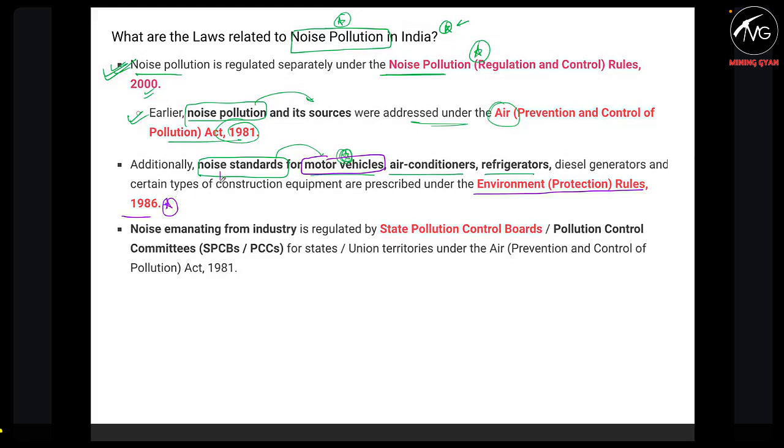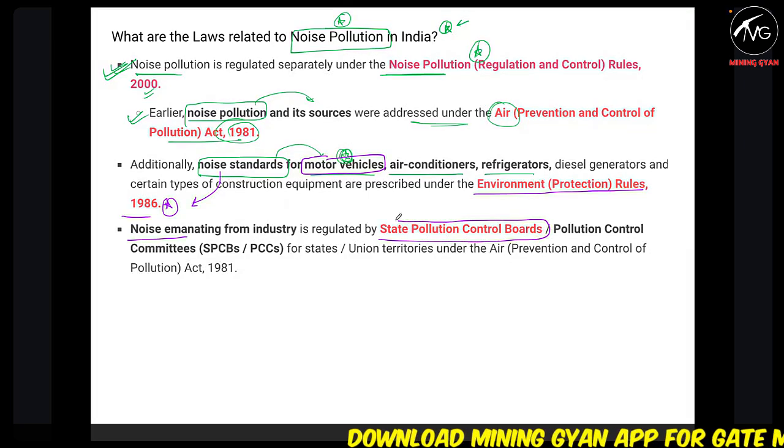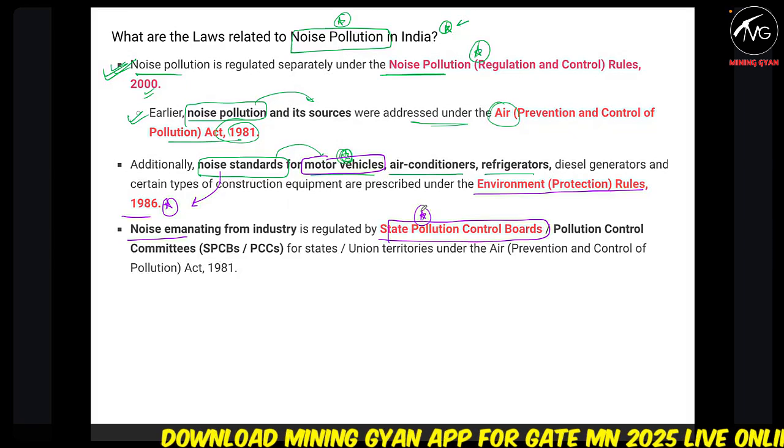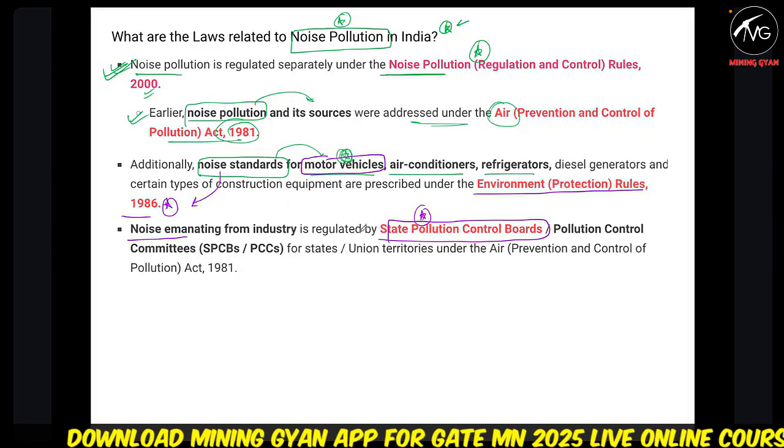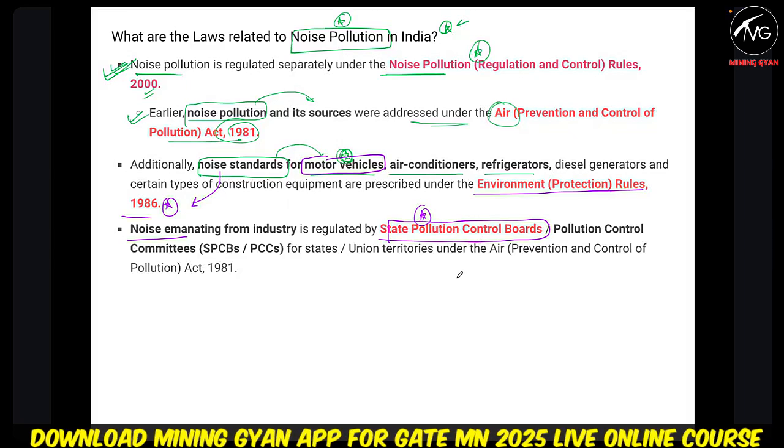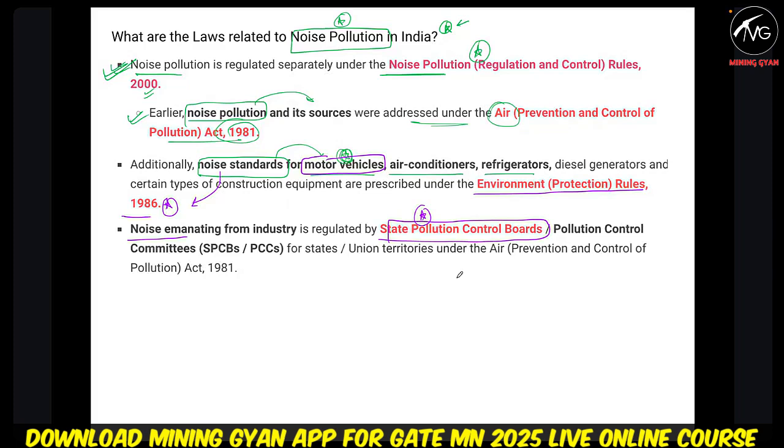So you will find noise standards also in the environmental rules. And noise emanating from industry is regulated by the State Pollution Control Board. ठीक है, so noise किसी भी इंडस्ट्री से निकल रहा है तो उसको स्टेट पोल्यूशन कंट्रोल बोर्ड रेगुलेट करता है, ठीक है, under Air Prevention and Control of Pollution Act 1981.